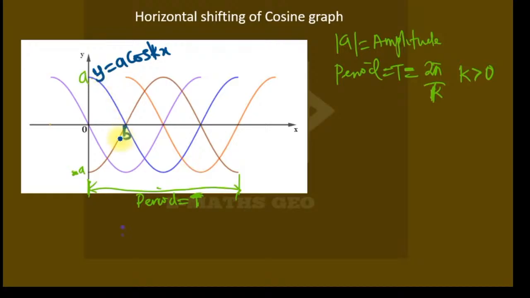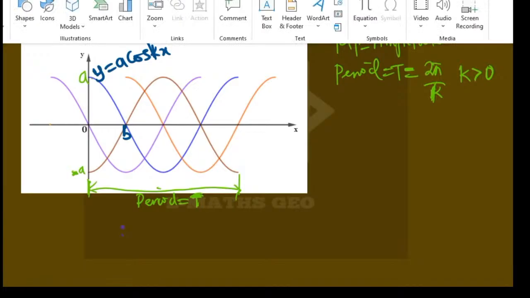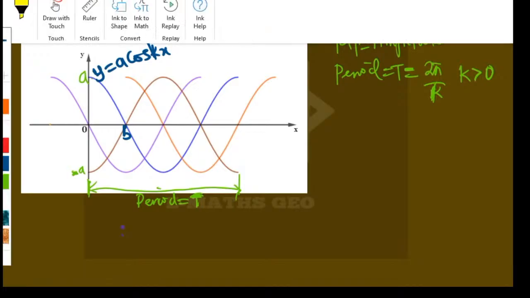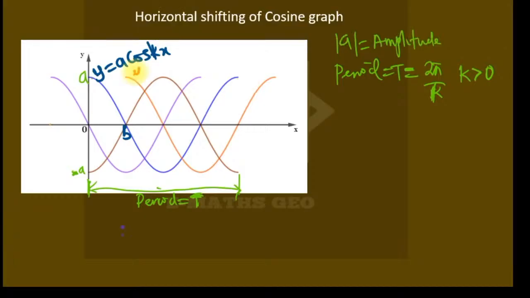If we call here b, so shifting this graph, the function will be y equal to a cos k bracket x minus b, because we shifted to the right.